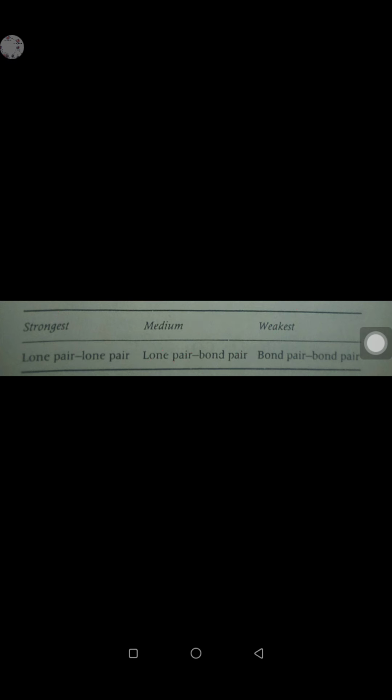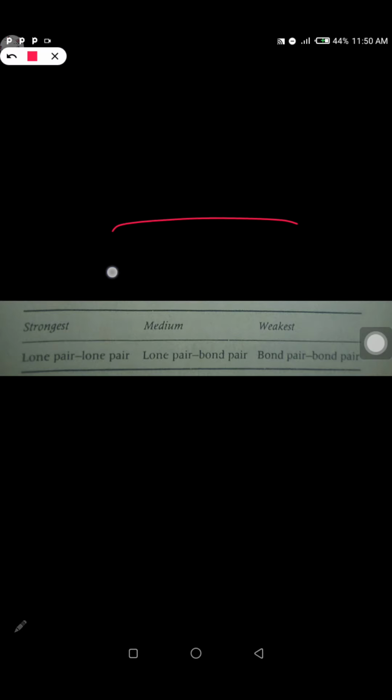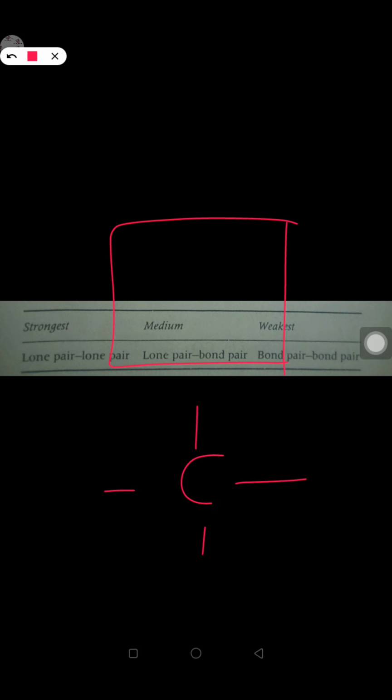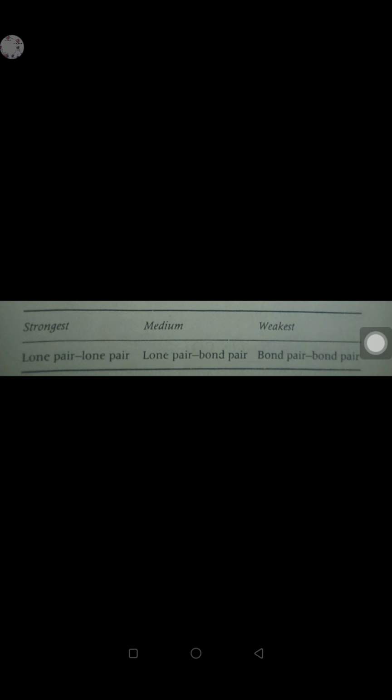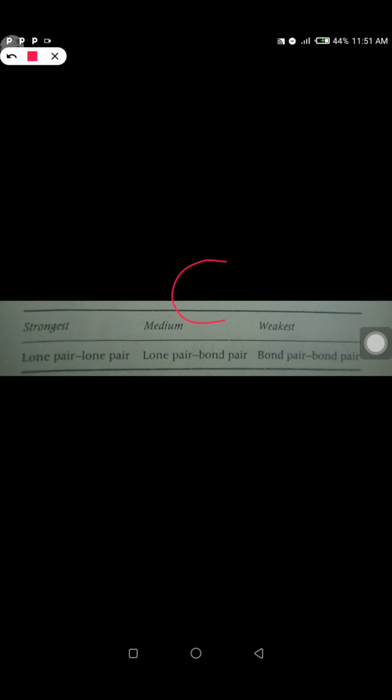But if I draw only a rectangle, this is a 2D shape. I've just drawn a two-dimensional shape, but the real shape of CH4 is in three-dimensional form. So most times, you see it in textbooks, they'll draw one hydrogen here, and they're going to put something like a broken and increasing line like this.